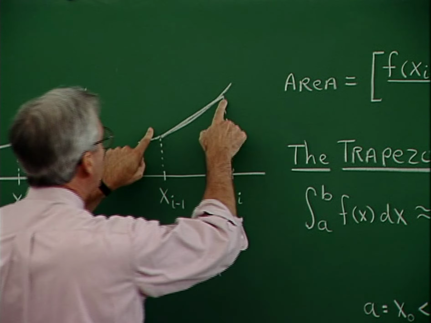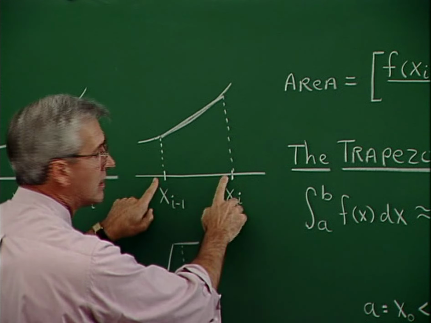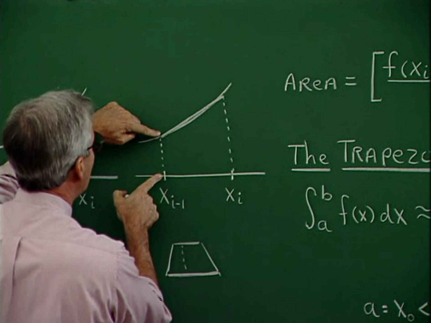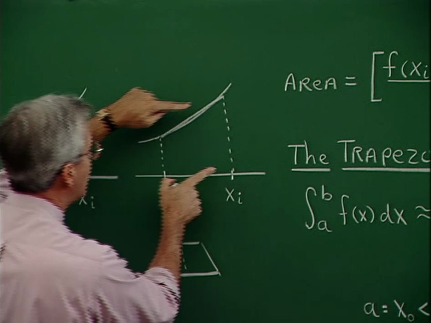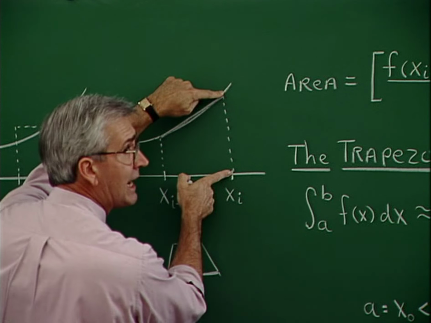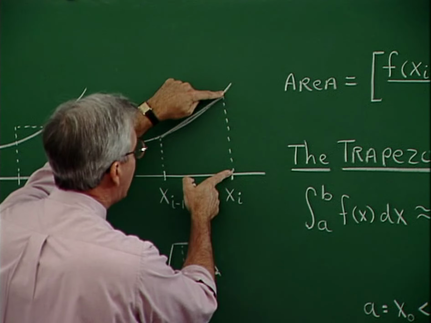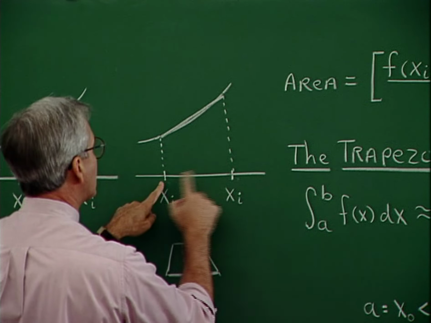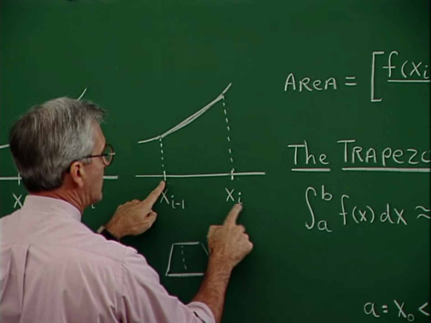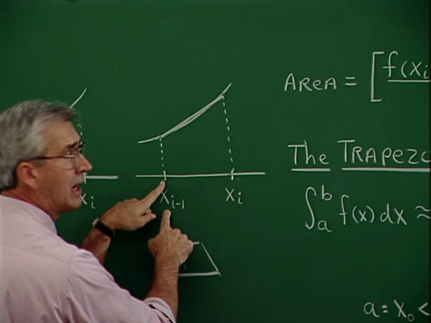Well, the upper and lower bases are these two sides. To average those two, we would add f of x sub i minus 1 and f of x sub i and divide by 2. And then the height is simply this distance right here. It's x sub i minus x sub i minus 1.